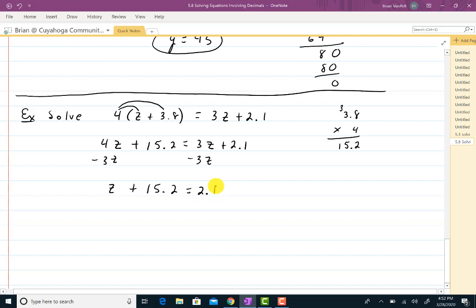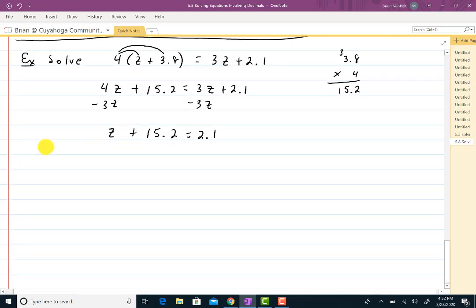Now notice, once I subtract 15.2, I'll have my answer because there's nothing in front of the z that I'll have to divide by. Z will already be by itself. So let me subtract 15.2 from each side. And let's see what we get. Z equals.